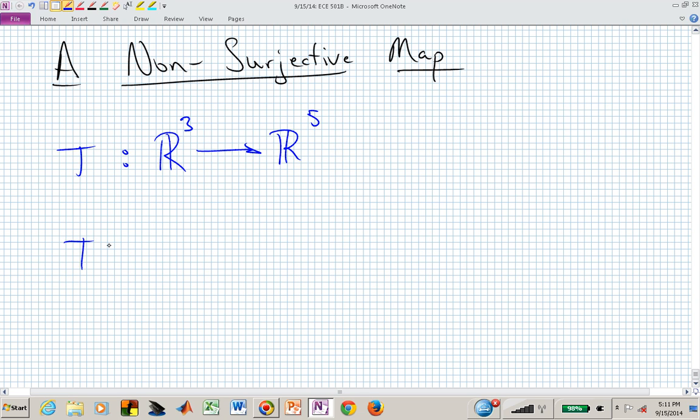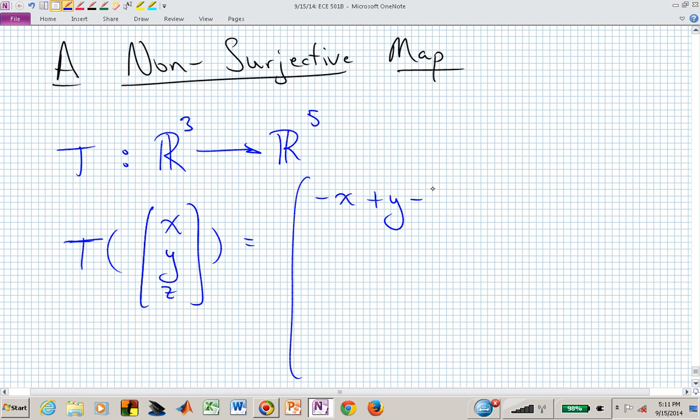This is taking a point in 3-space, x, y, z, and mapping it into 5 different coordinates: minus x plus y minus 3z, minus x plus 2y minus 4z, x plus y plus z, 2x plus 3y plus z, and x plus 2z.